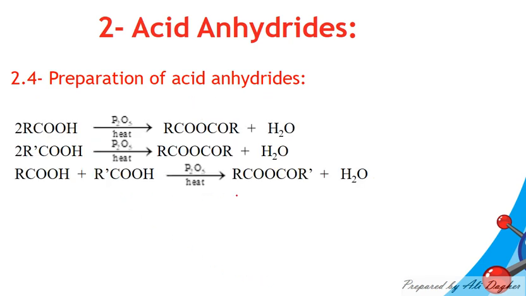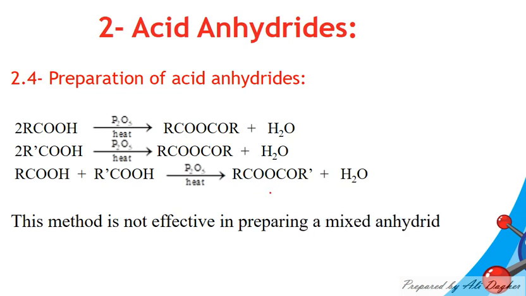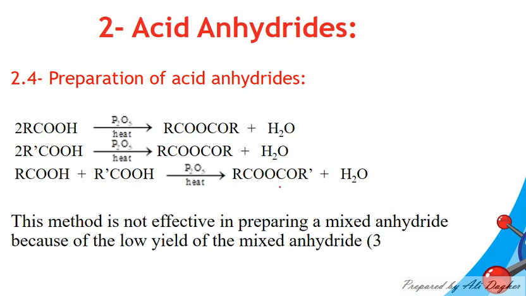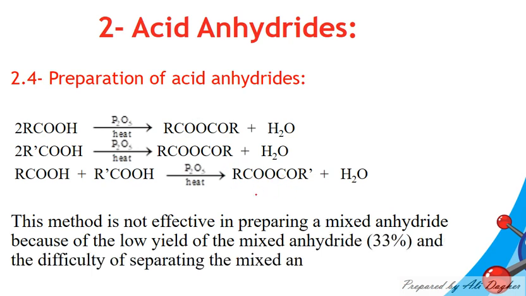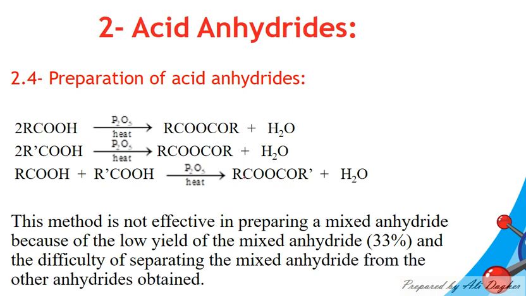How to separate them to obtain the mixed anhydride? We use fractional distillation. Fractional distillation depends on the difference in boiling point between liquids. But since these acid anhydrides have close boiling points, it is difficult to separate them.